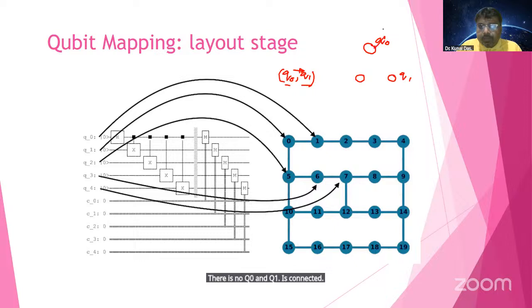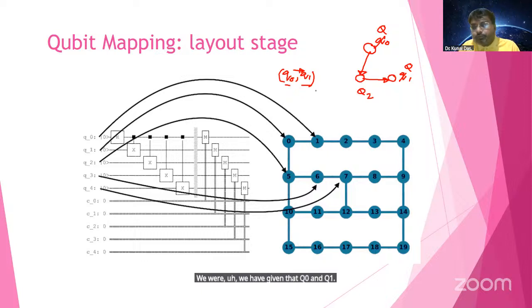Let us write capital Q0 and a Q2. These two are connected, but Q0 to Q1 has no connection. But in the logical program, we have given Q0 and Q1.